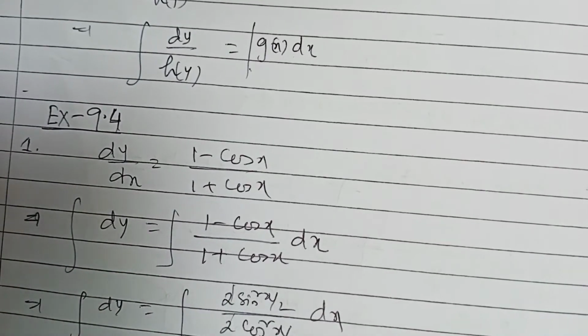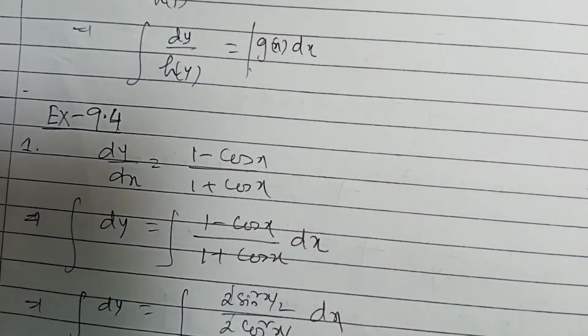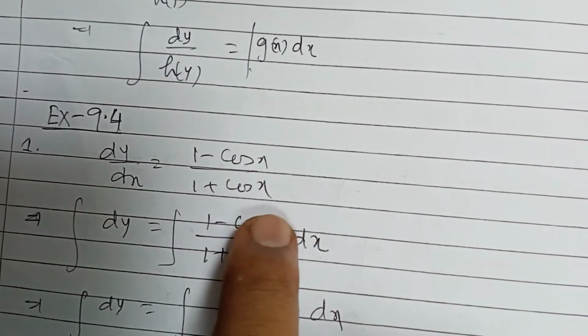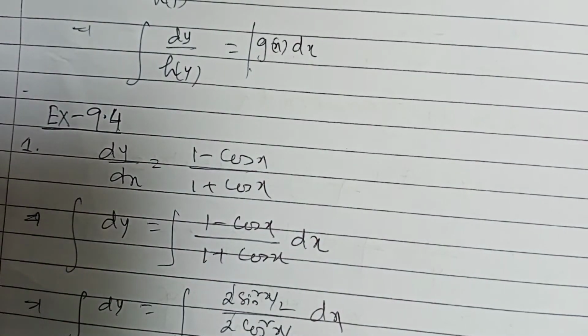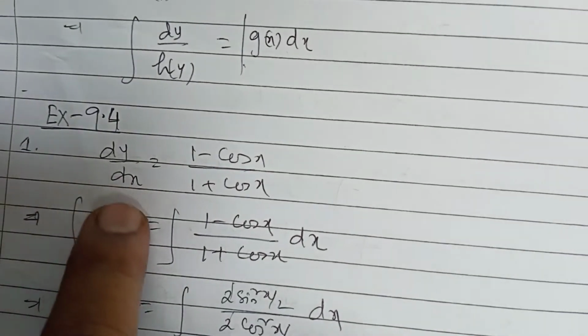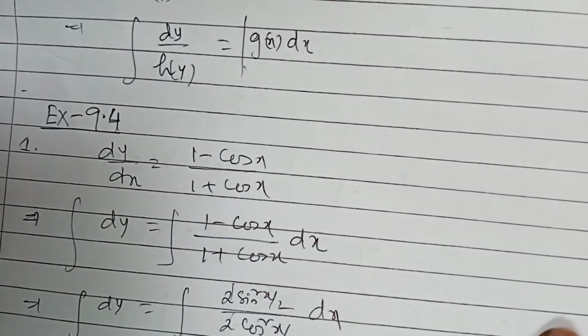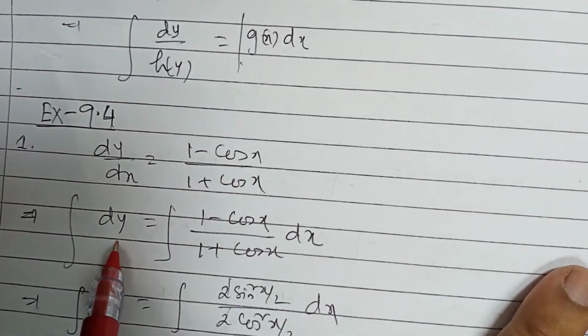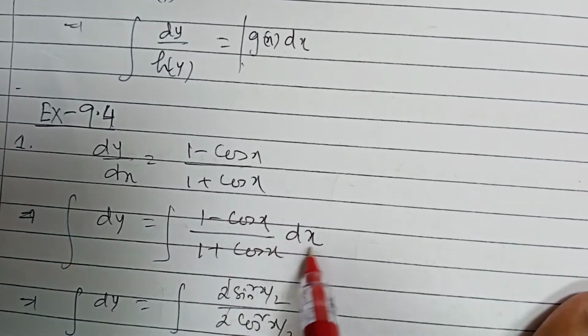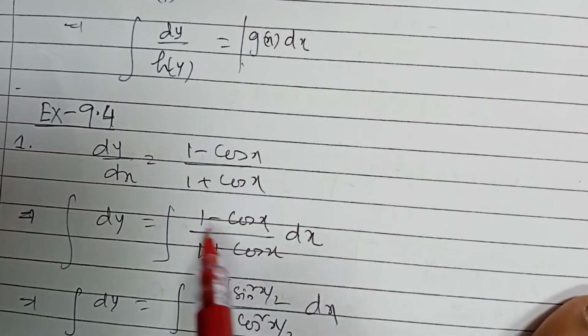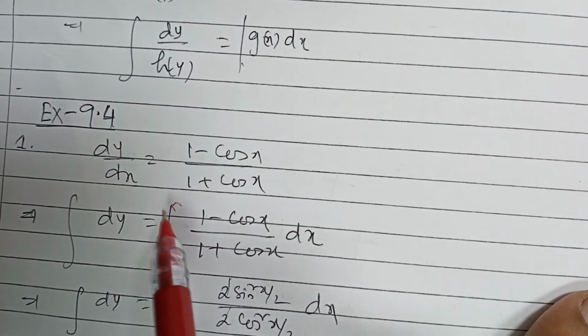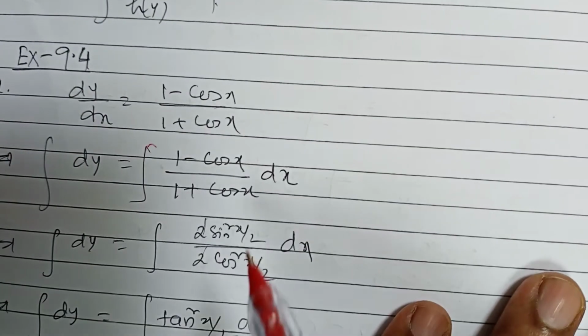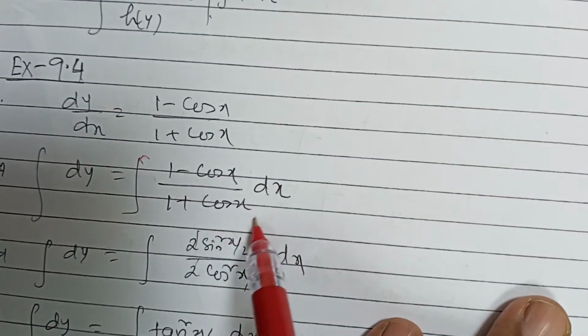Exercise 9.4, question number 1. dy by dx is given as this. There is no function of y, so I am keeping dy on one side and the rest, the function of x and dx, on the other side. Now how to solve, that method we should know earlier, that is how to integrate. Solving means integrating.